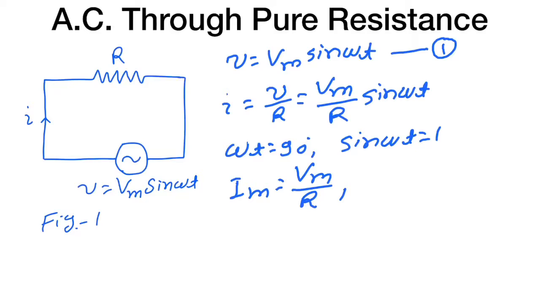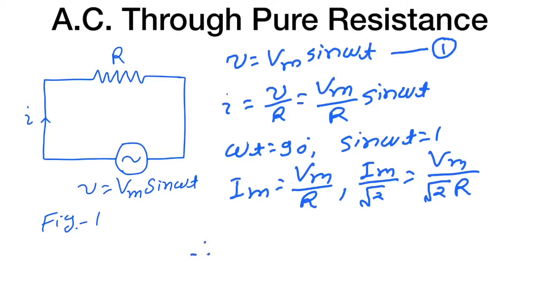Now divide this equation on both sides by root 2, and we get Im divided by root 2 equals Vm divided by root 2 into R. Im divided by root 2 is the RMS value of current and Vm divided by root 2 is the RMS value of voltage.